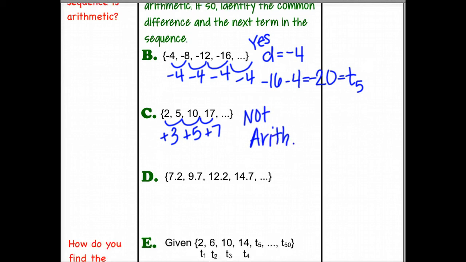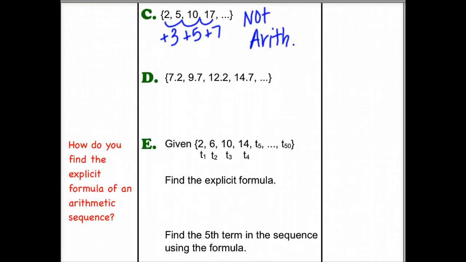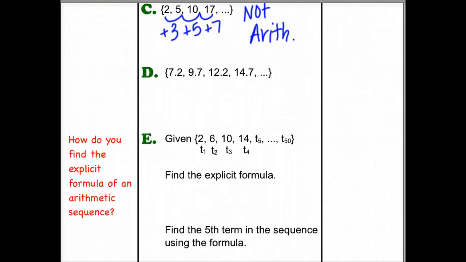Example D. We have 7.2, 9.7, 12.2, 14.7. To get from 7.2 to 9.7, I'm going to add 2.5. If I add 2.5 to 9.7, 9.7 plus 2 is 11.7, plus another 0.5 does give me 12.2.